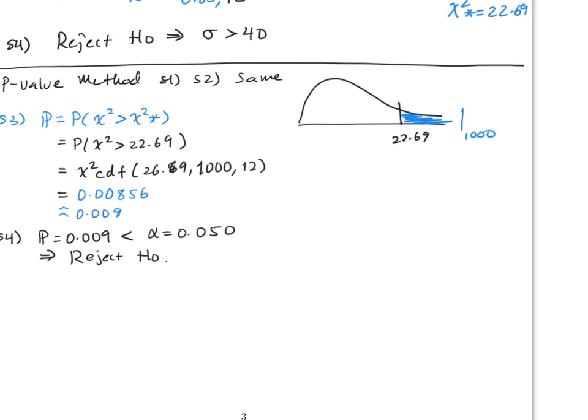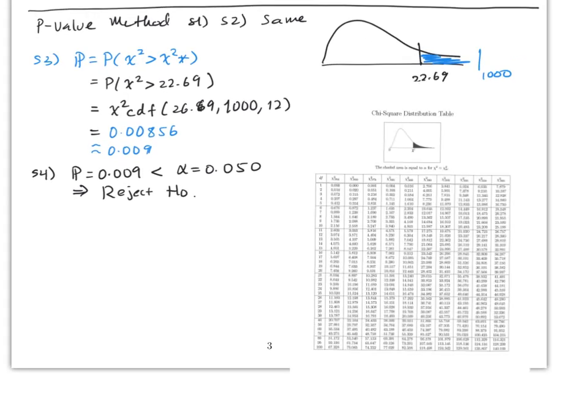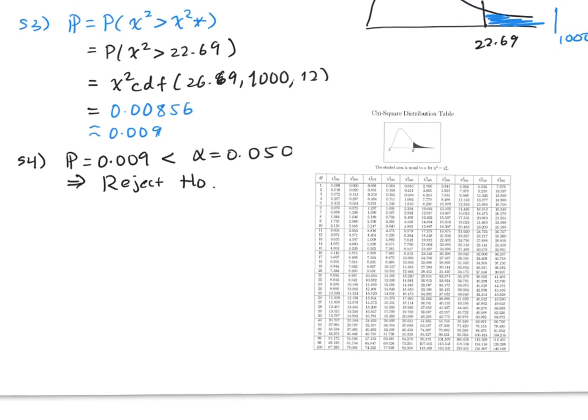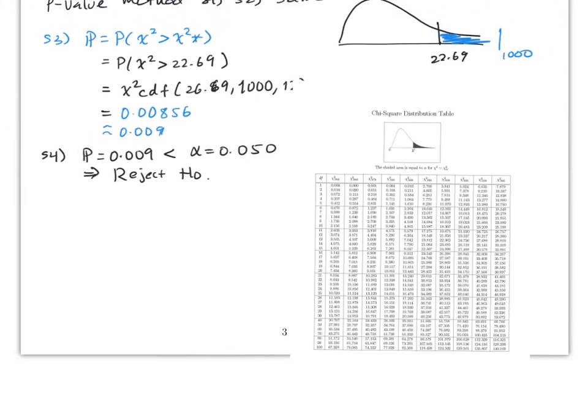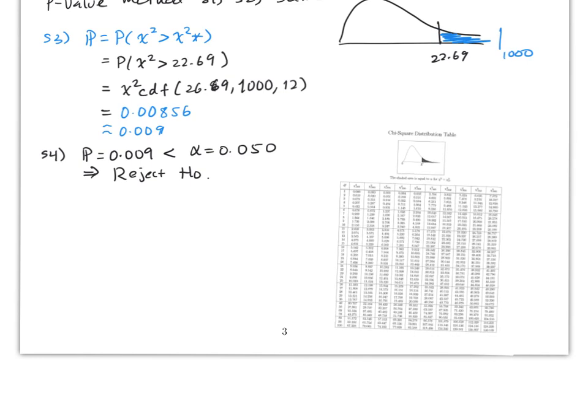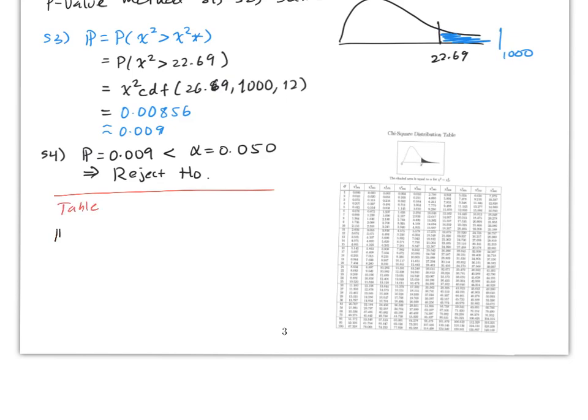Okay. But what about if you want to use the table? For the table, remember we need to find some values to compare with, and for that we need to write the equation again first. So if we use the table, remember the p-value is going to be the probability that chi-square is greater than 22.69.